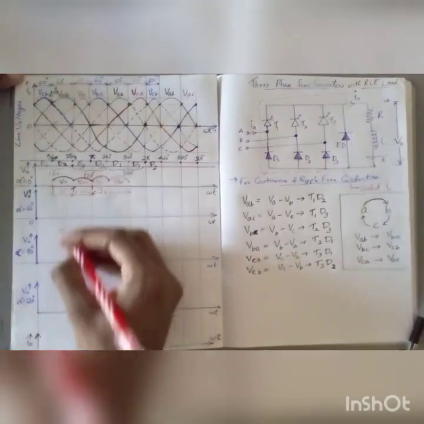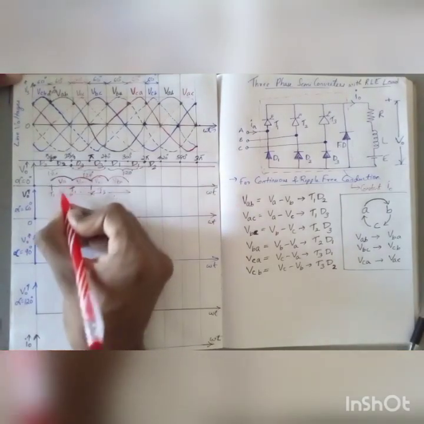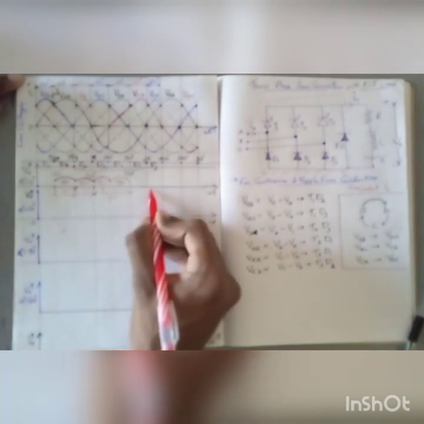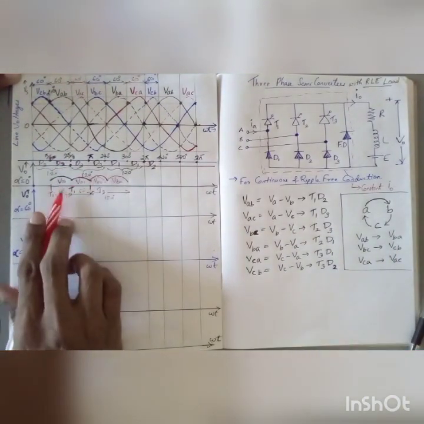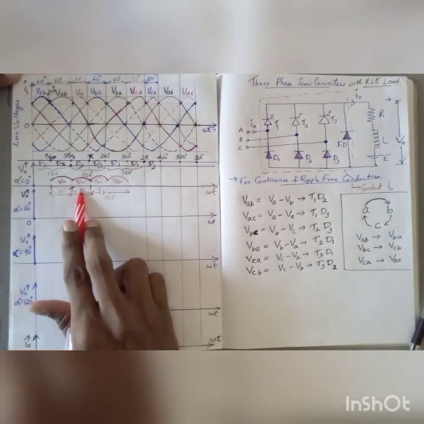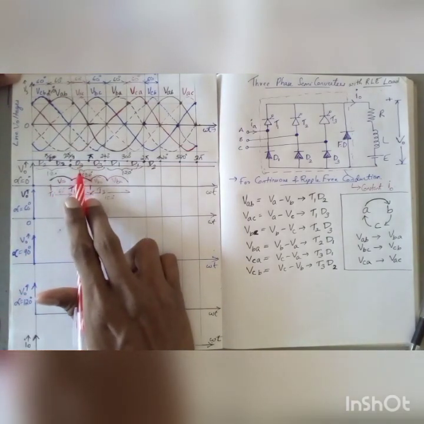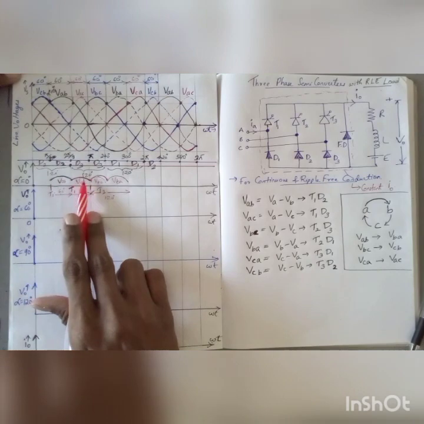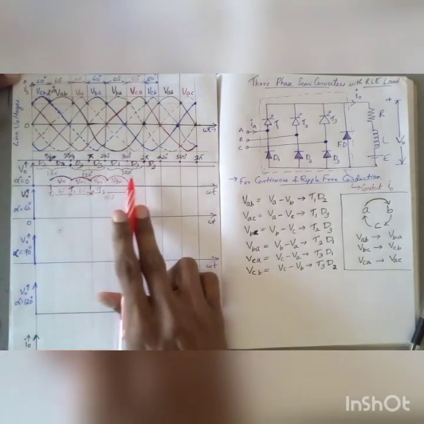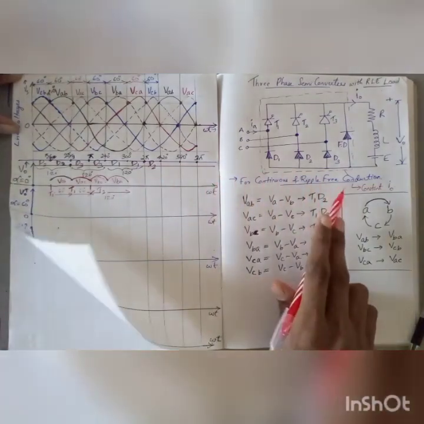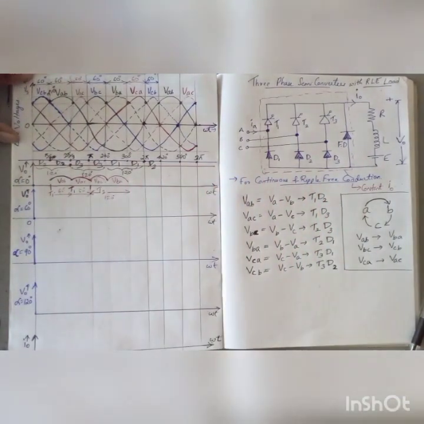So what is the combination? We are discussing the case of alpha equal to 0 degree. T1 and D2 conducting means VAB will appear. T1 and D3 conducting means VAC will appear across my V0. Similarly, you can plot for other voltages also.